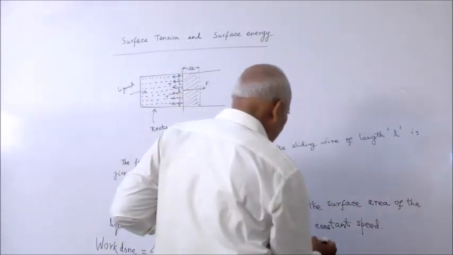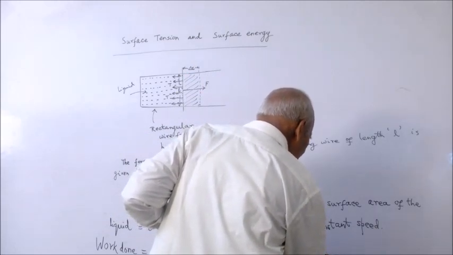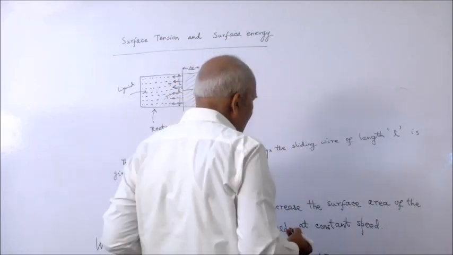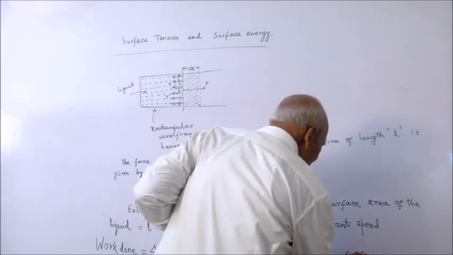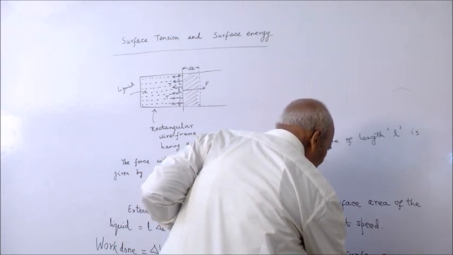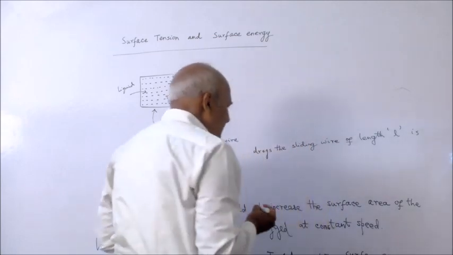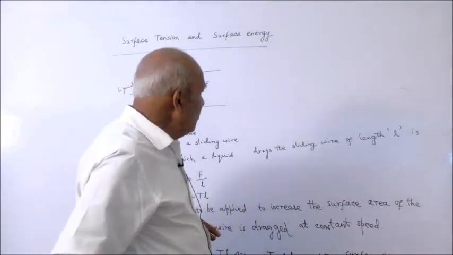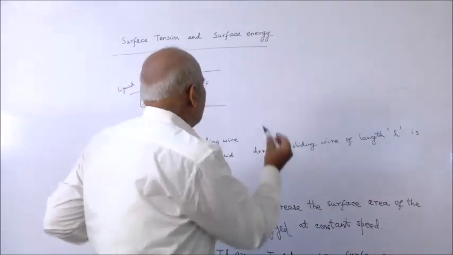So, this is written as delta E, because this much of work done is stored in this portion of the liquid as energy. So, that is the surface energy stored. That means, it is just like a potential energy. The amount of work done is stored as surface energy.